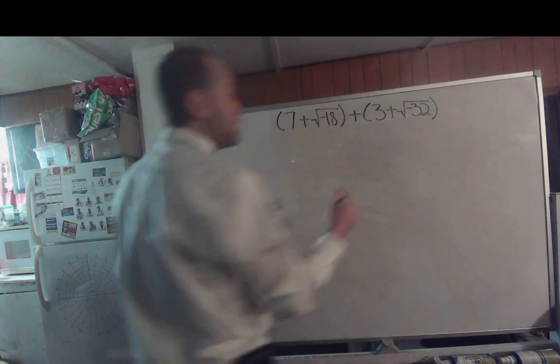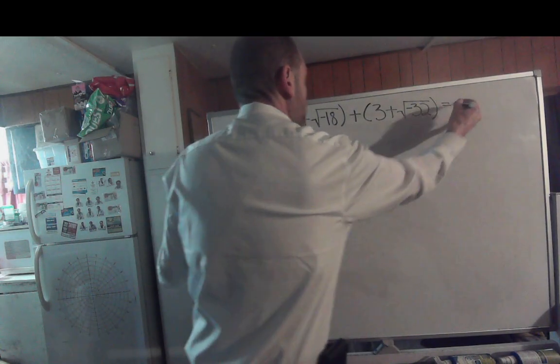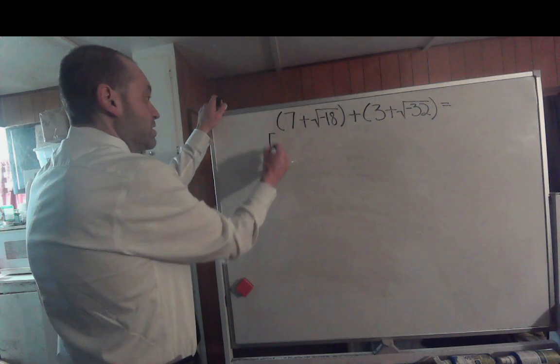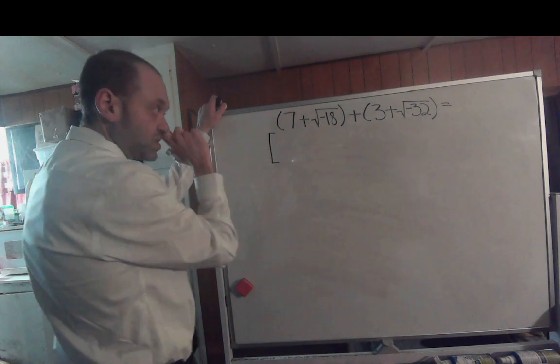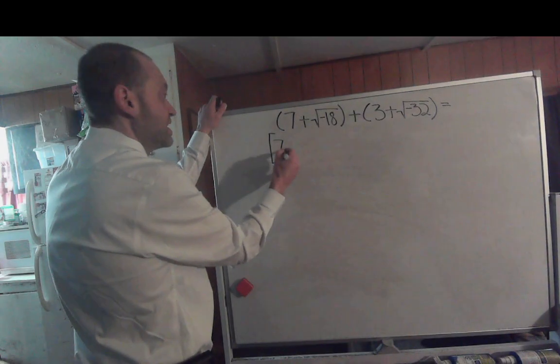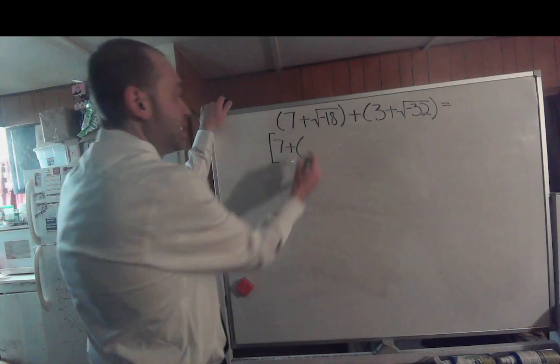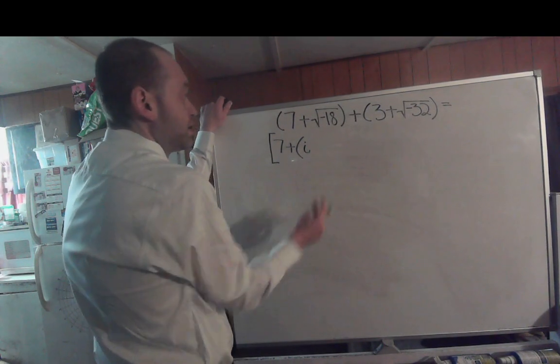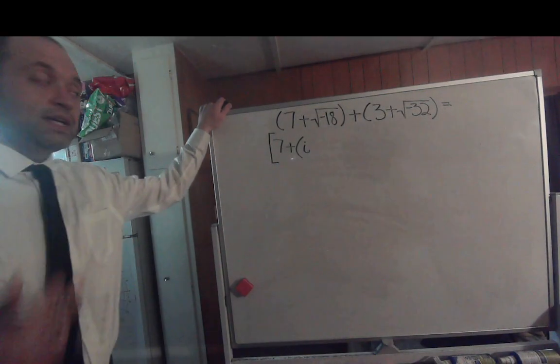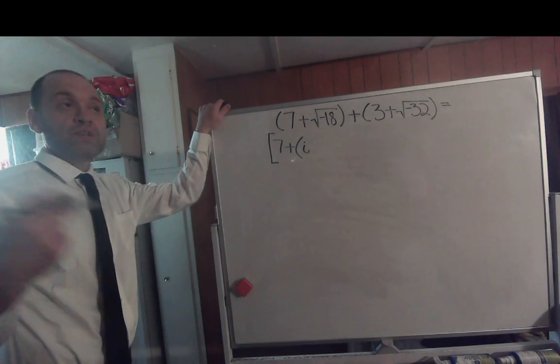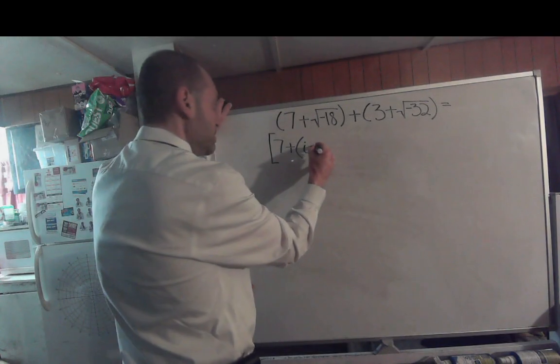Well, let's break these down in brackets here. So let's deal with the 7 plus the square root of negative 18. That's literally the same as 7 plus the quantity of i, because the square root of negative 1 is i, times the square root of 9 times the square root of 2.